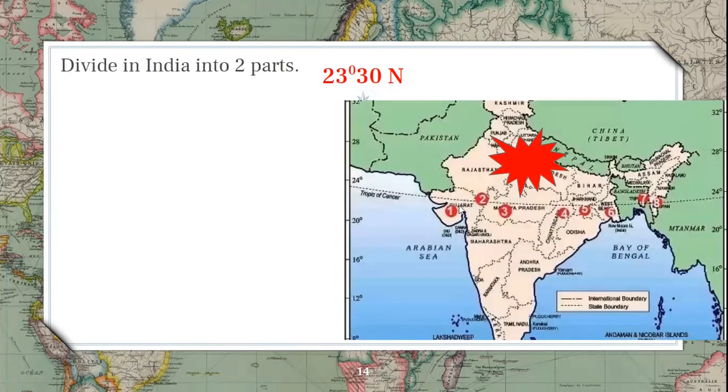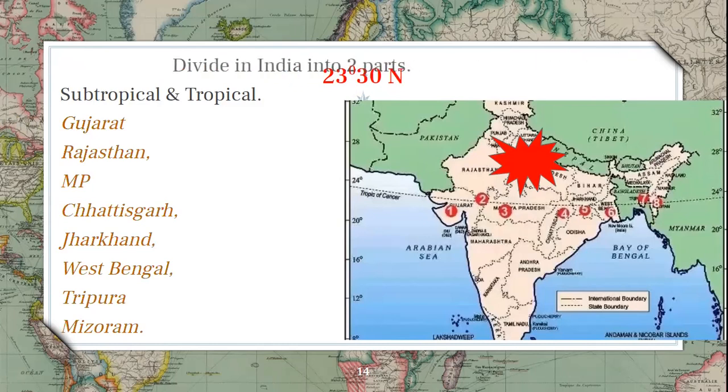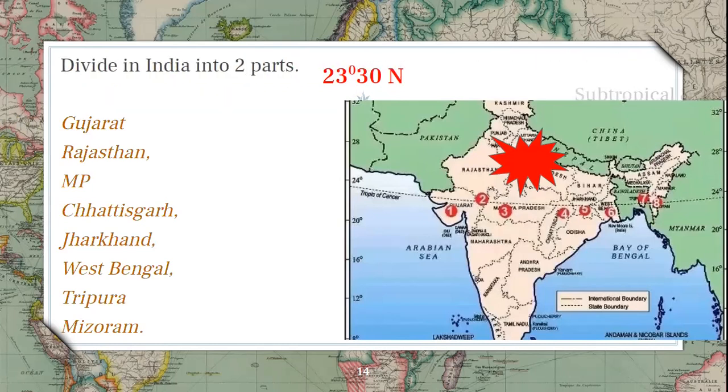These are the 8 Indian states where the Tropic of Cancer is passing. So we will be getting a question: choose the odd one out. Gujarat, Rajasthan, Odisha and Madhya Pradesh. Odisha is not coming under this region, so Odisha will be the answer.